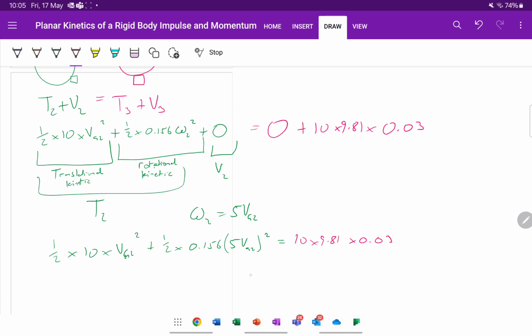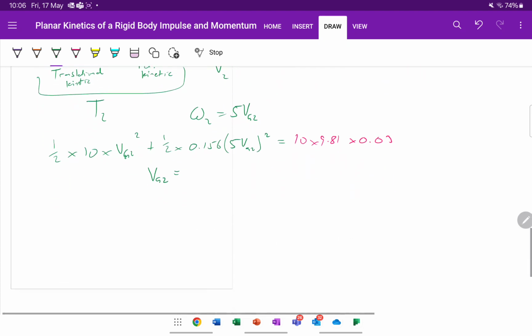So I've now only got Vg2 in the equation, so I can find Vg2. Unfortunately, I haven't got a number for that. I will go away and work that out and write it in.